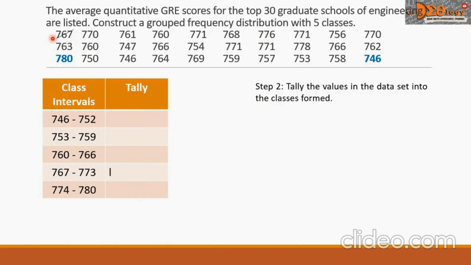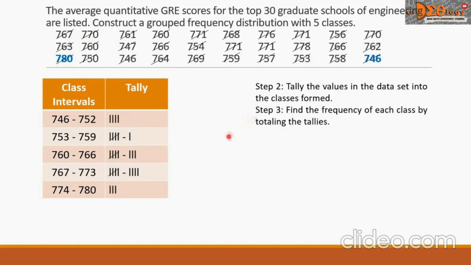And this number belongs to this group. We will strike that number and put a tally corresponding to that datum. Next, the 770 also belongs to this group. So we will go through each of the data. So this is now our complete tally list.